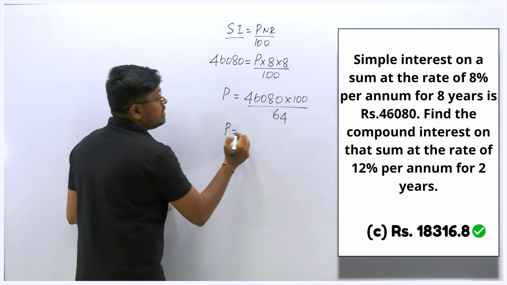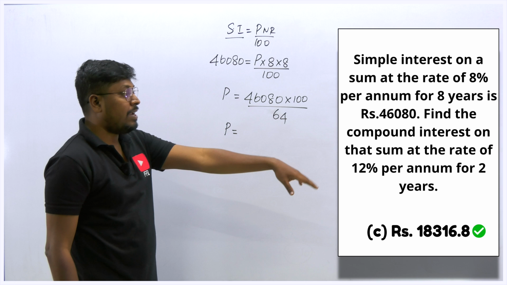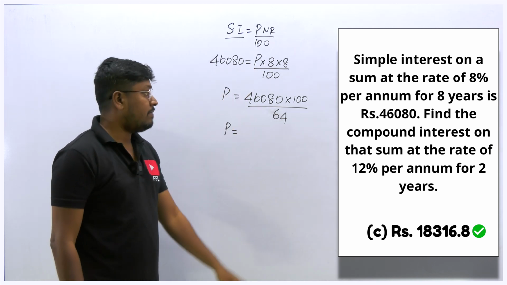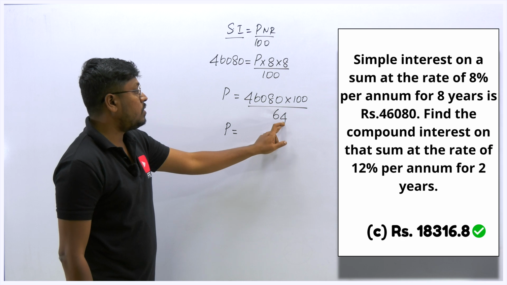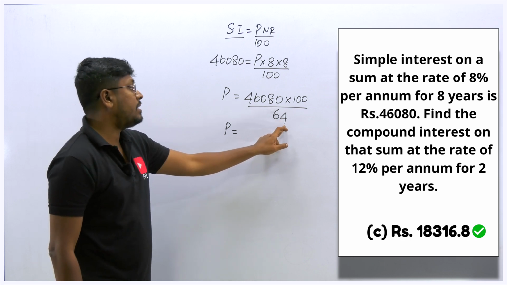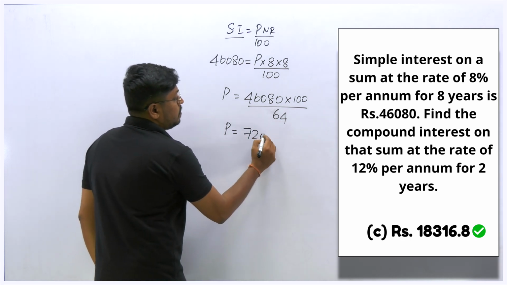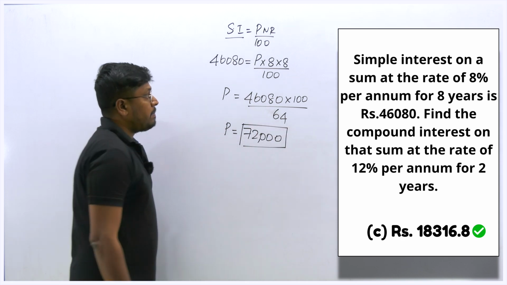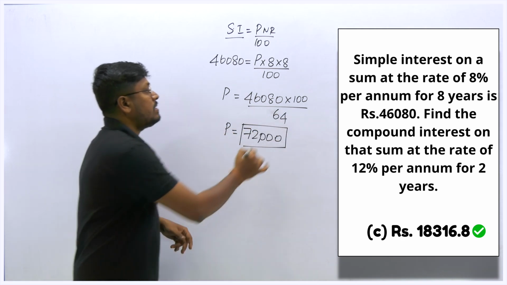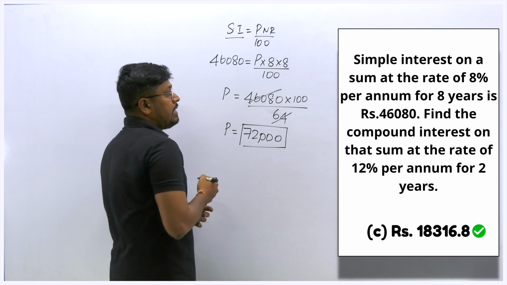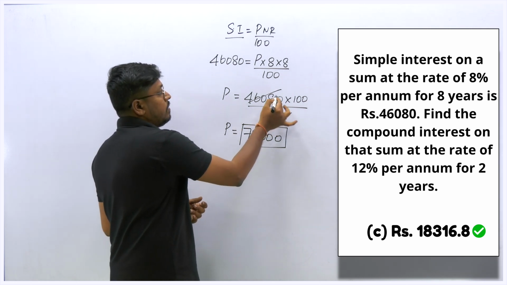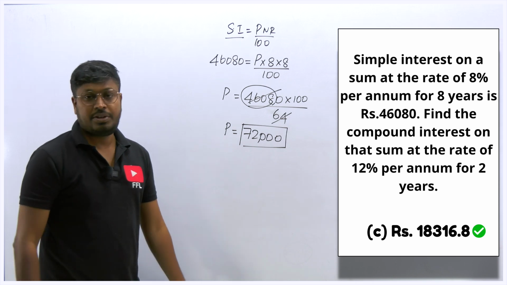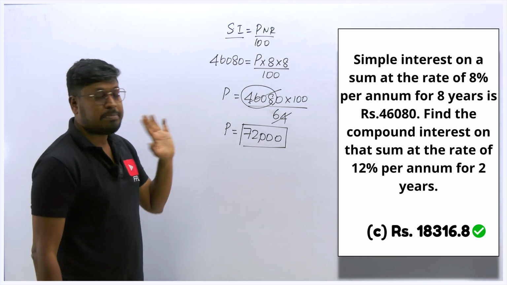Initially we need to find the principal here. For 64, 2 times 72, 4 twos are 8, 72. So the principal is 72,000. When you cross-cancel, you get 720, and 72 into 1000 will be 72,000.